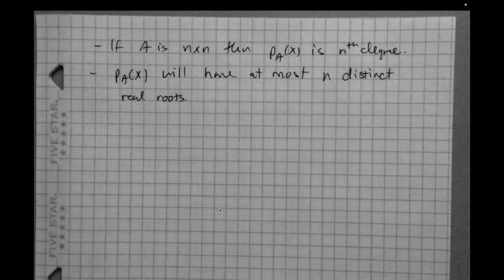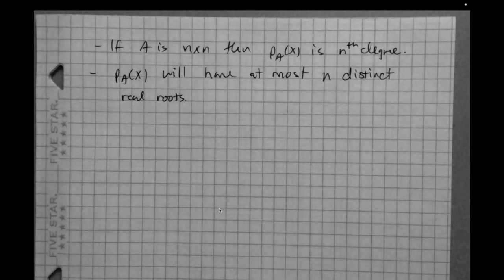If I didn't say that before, I meant to say that. The eigenvalue has to be a real number. So some of the roots of this polynomial could be complex, imaginary numbers, not real numbers. We don't consider those to be eigenvalues. So P of A has at most n real roots.